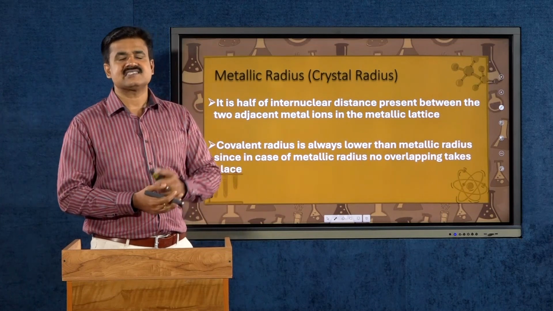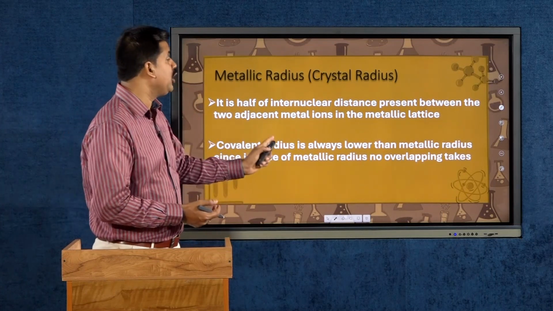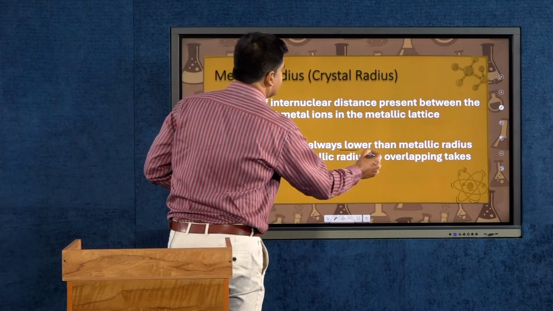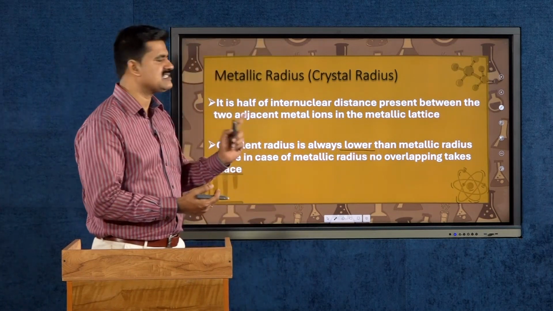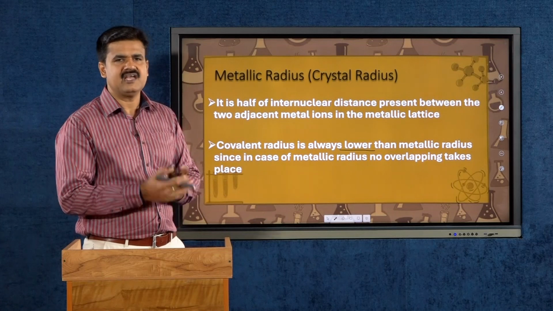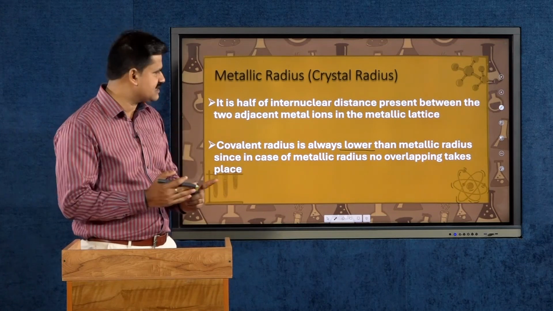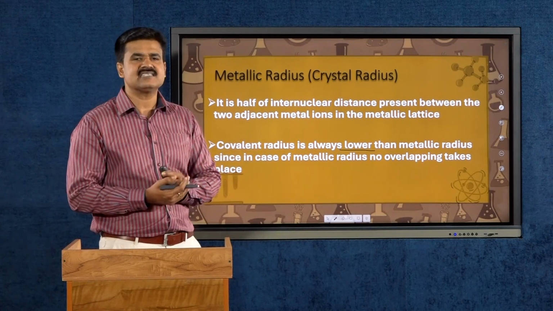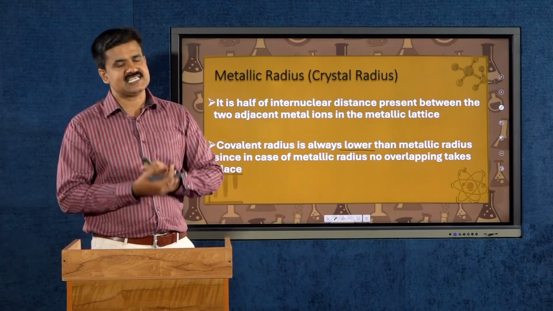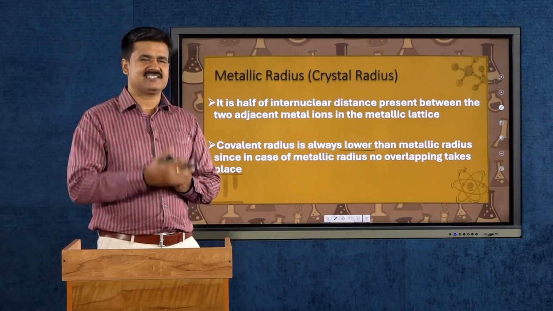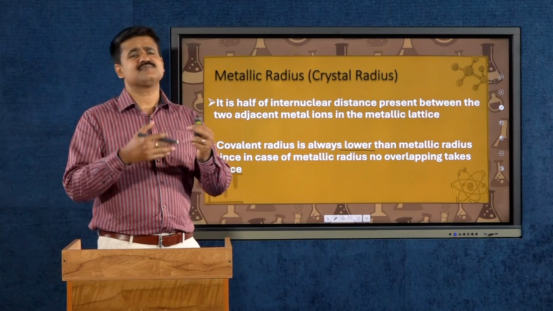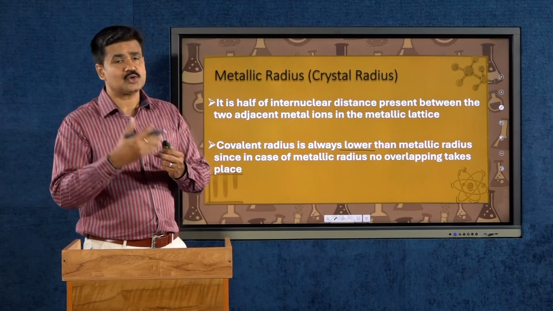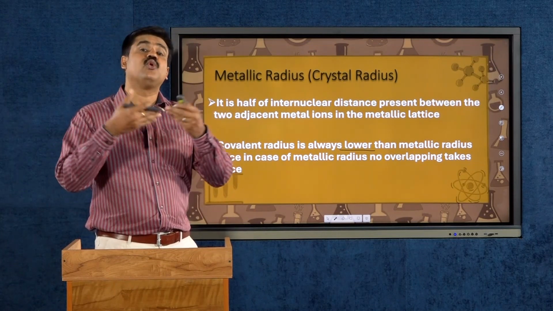Covalent radius is always lower than metallic radius, and this point is very significant, since in the case of metallic radius no overlapping takes place. You know the fact that whenever two chlorine atoms combine together to produce a Cl2 molecule, there occurs some overlap.